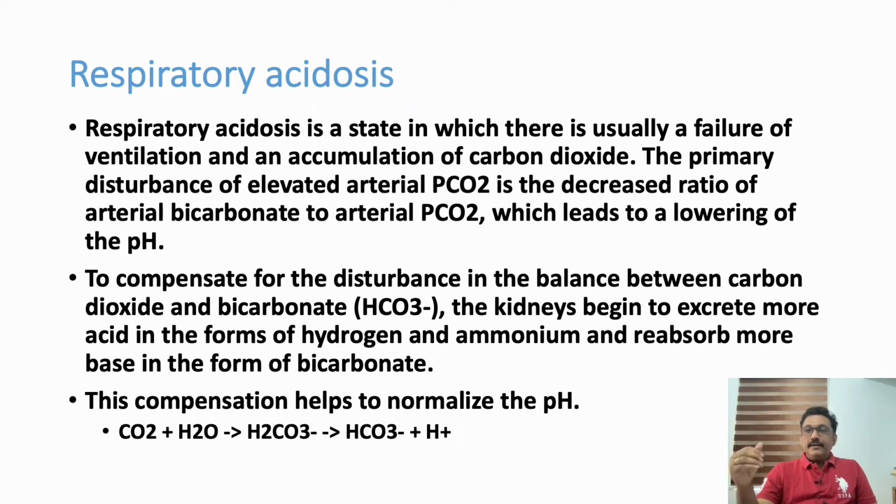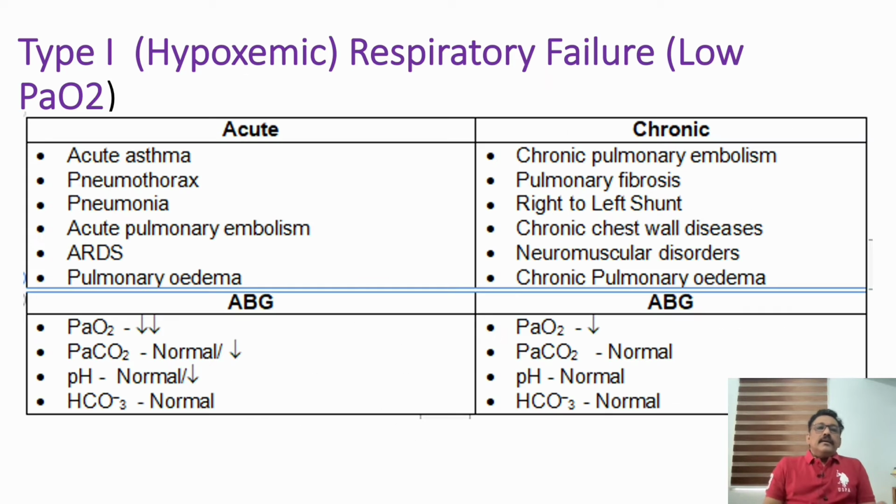Oxygen levels can decrease. That is type 1 respiratory failure. Then you get type 2 respiratory failure. Then carbon dioxide level increases and you can get acidosis. This is called respiratory acidosis. Afterwards, the kidney will try to compensate. That is called the compensatory phase. All these things we will see.